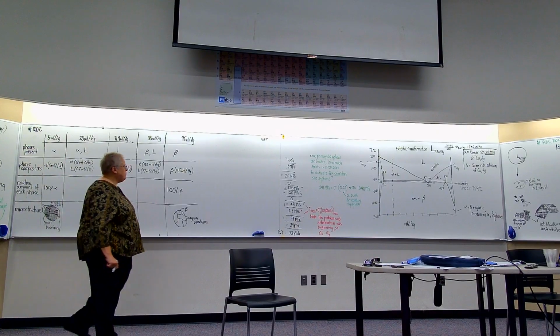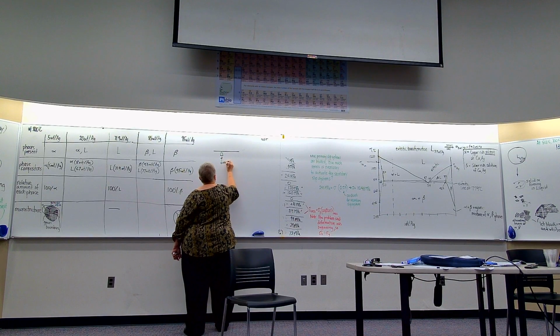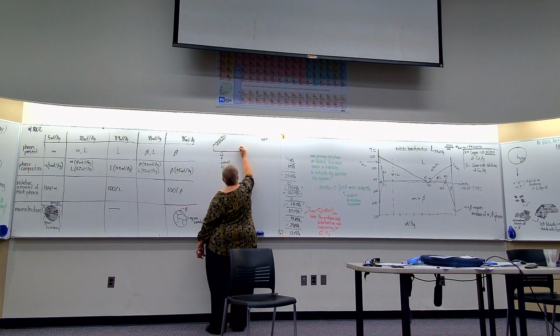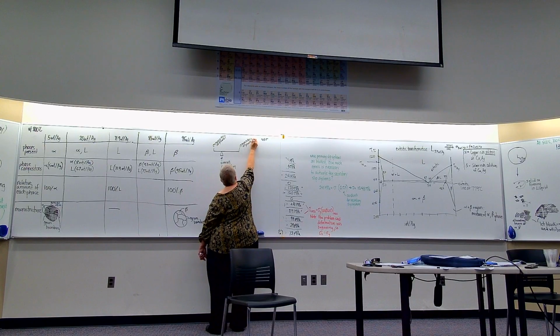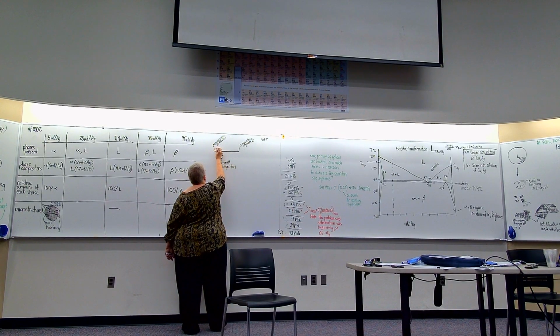All right, now calculating the relative amounts of each uses something that's called the lever rule. Call this length x.